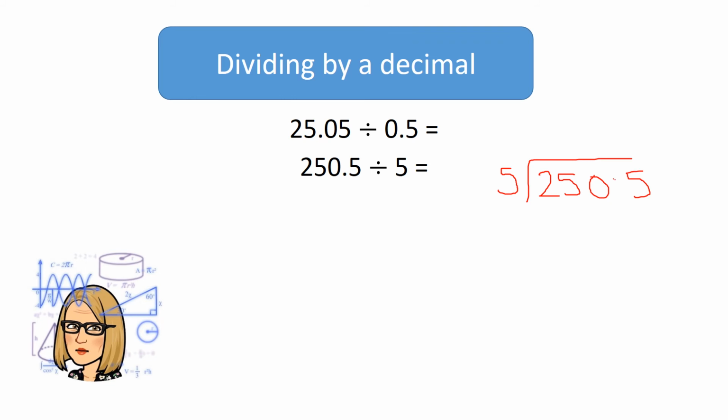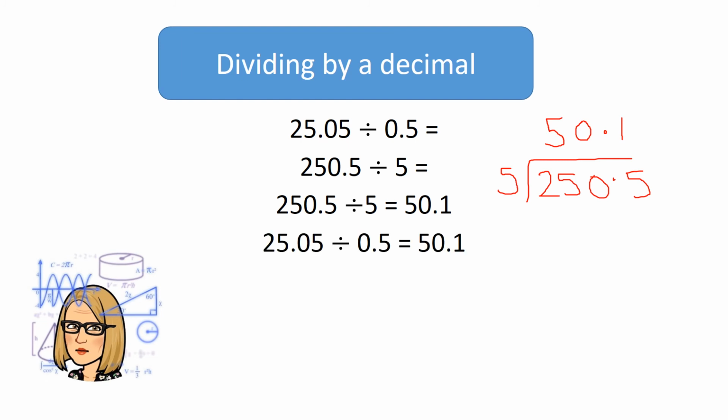Make sure that decimal point's nice and clear. So how many 5s in 2? There's not. How many 5s in 25? It's 5. How many 5s in 0? 0. Decimal point in the right place. How many 5s in 5? There's 1. So if 250.5 divided by 5 is 50.1, then I know that 25.05 divided by 0.5 is also 50.1.